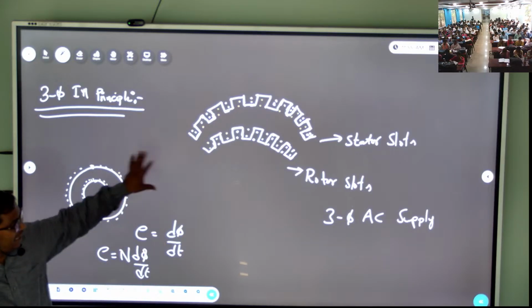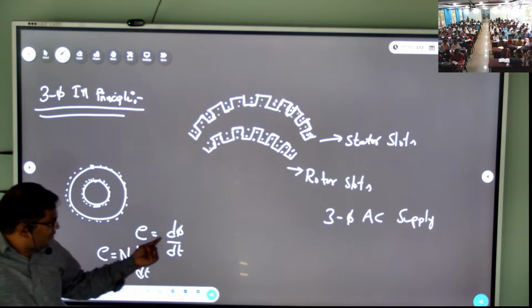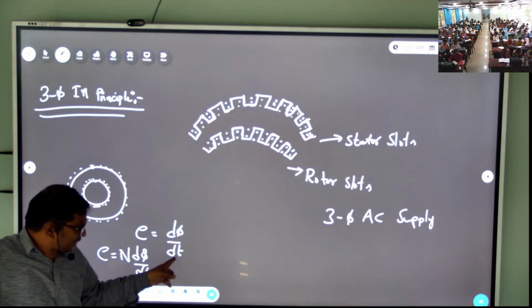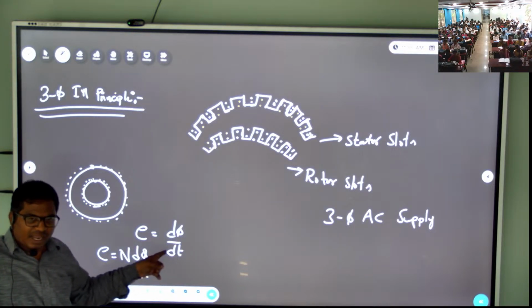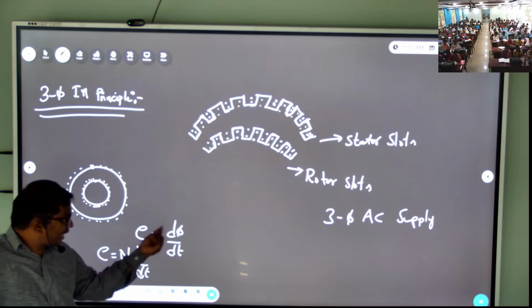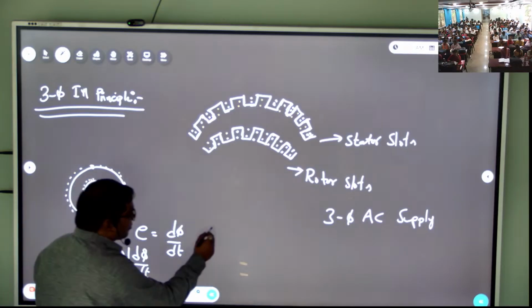For the induction motor, the flux linking with the coil is changing with respect to time. That is d phi by dt. What is the meaning of phi changing with respect to time?